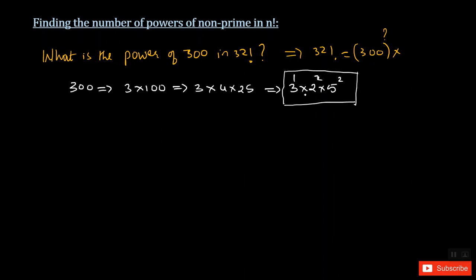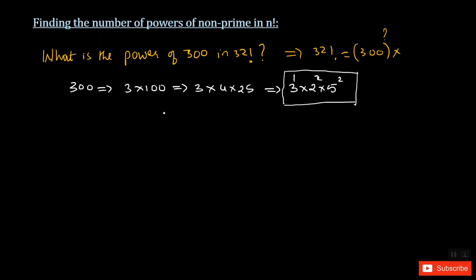Now I need to find how many 3's are there in 32 factorial, how many 2's, and how many 5's. It's the same way as what we did before.